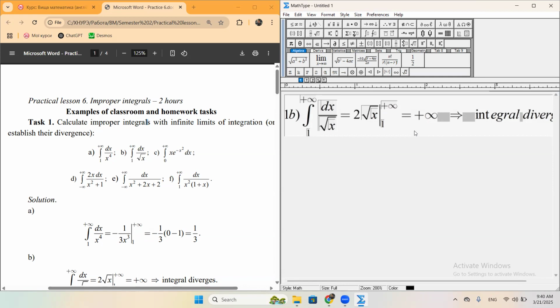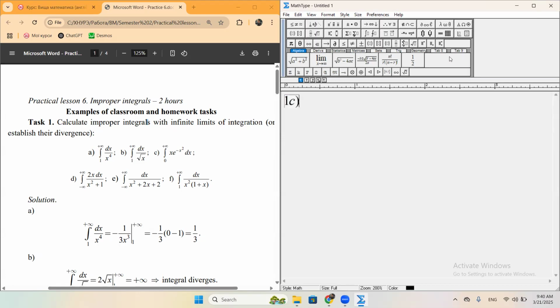We also can calculate a limit of this expression when x approaches plus infinity. In some cases, when the limit doesn't exist, we also conclude that the integral diverges. So have I answered your question? Yes, thank you. Okay, let's move next.